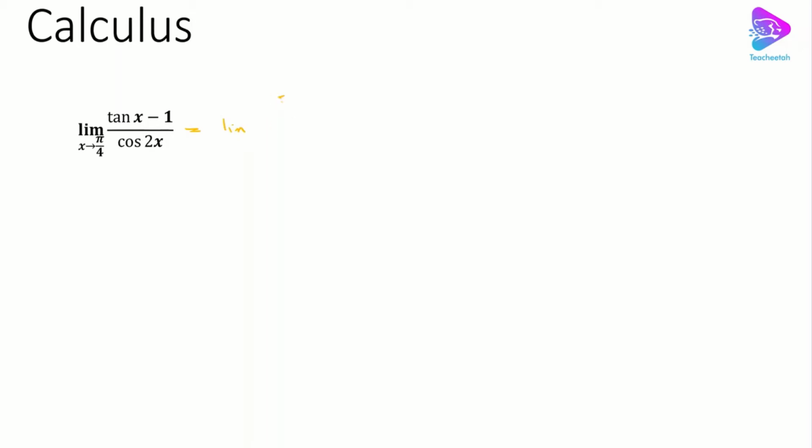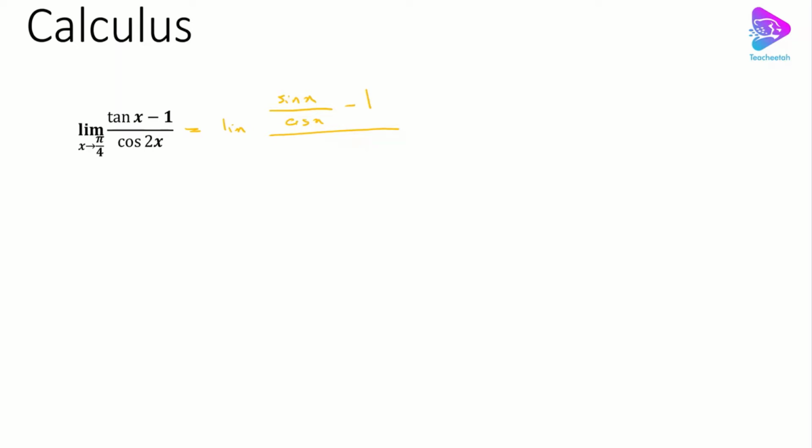It's going to be the limit of sine x over cos x minus 1, and for cos 2x again we can use the identity and some properties of the trigonometric function.